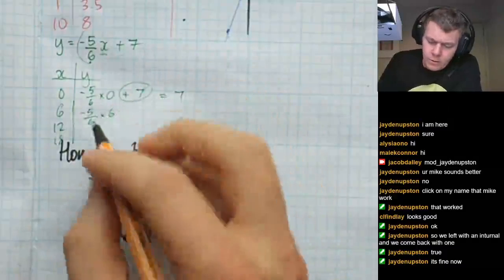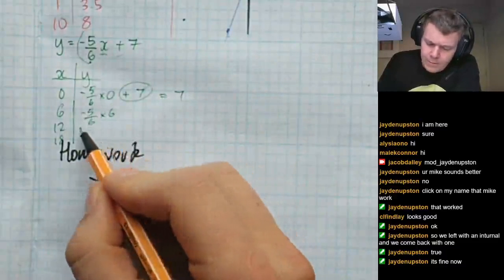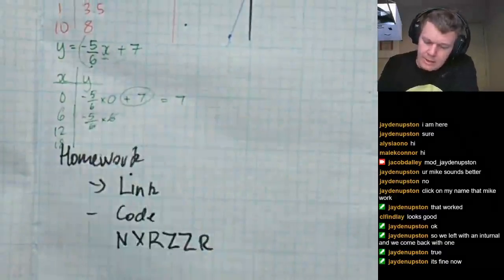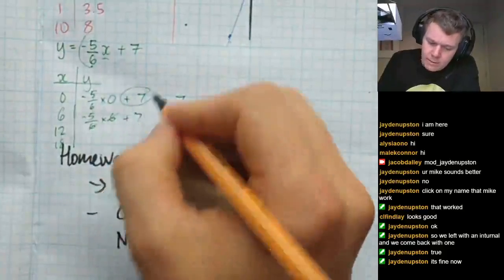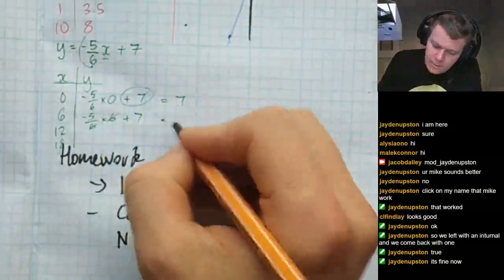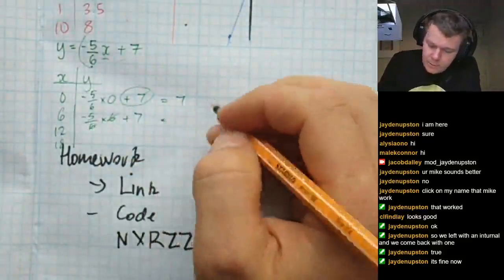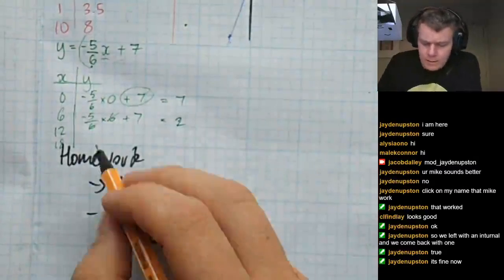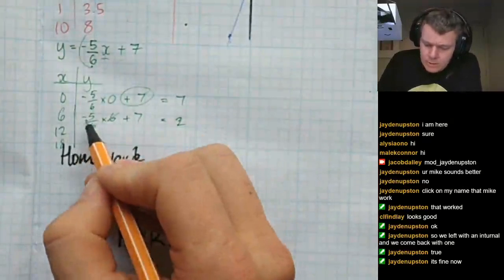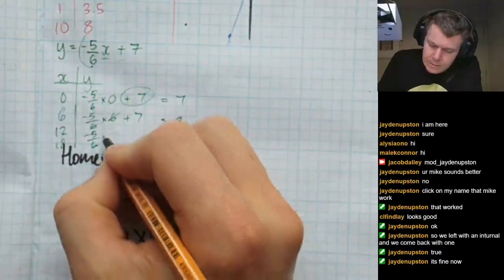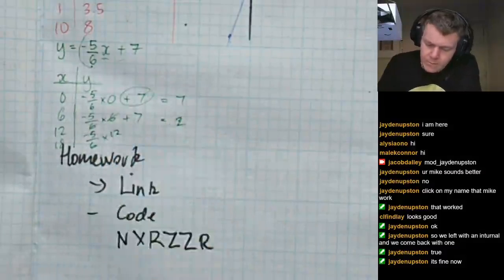So where was I? -5 divided by 6 times 6. Those 6's end up cancelling out. And we've still got that plus 7 part. So -5 plus 7 equals 2. Last one, -5 divided by 6 times 12.